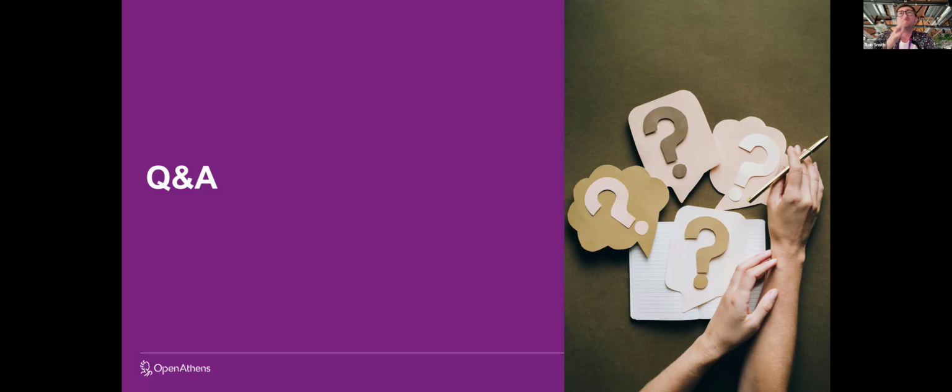Now, what I would say to the specific person who's asked the question, in terms of how your organization is actually using OpenAthens and the UK Access Management Federation, it depends. There are a few different ways you could be set up.